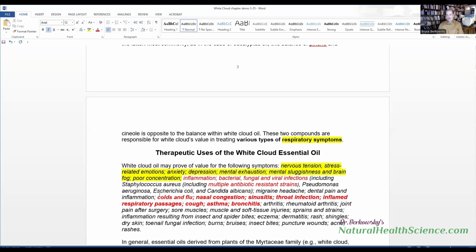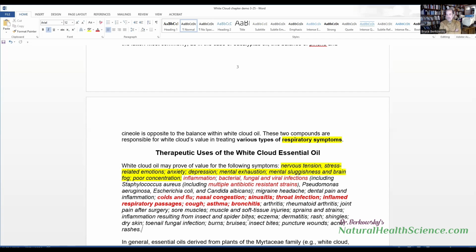It's full of these respiratories: colds and flu, nasal congestion, sinusitis, throat infection, inflamed respiratory passages, cough, asthma, bronchitis. It's basically running the board in terms of areas of the respiratory system that are reaction areas it's specific for.